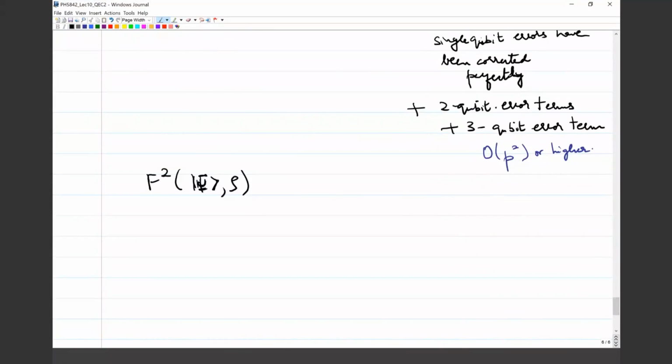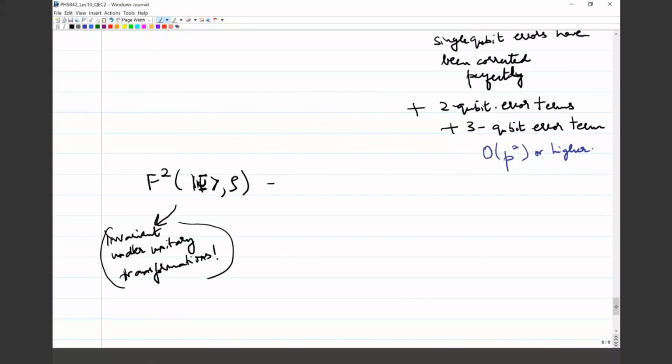So this measure is invariant under unitaries. I'll see if I can put in something about this also in the tutorial for you to get a feel for this.